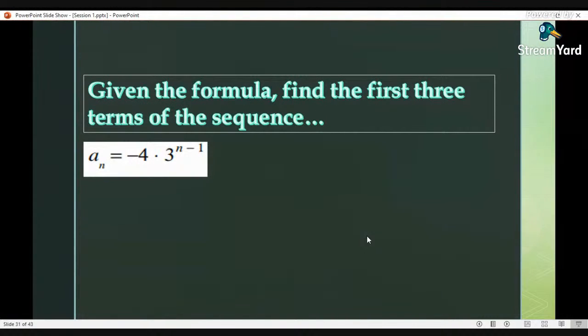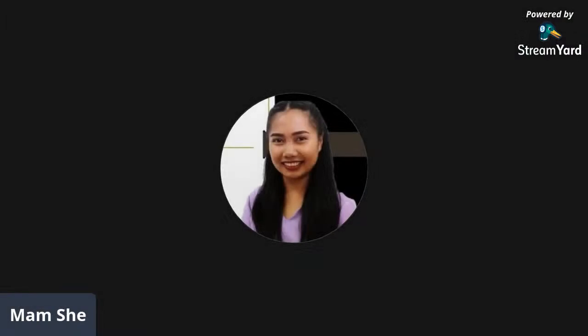Okay, next. a sub n equals negative 4 times 3 raised to n minus 1. So again, our a sub n equals negative 4 times 3 raised to n minus 1. Let's try to solve that.